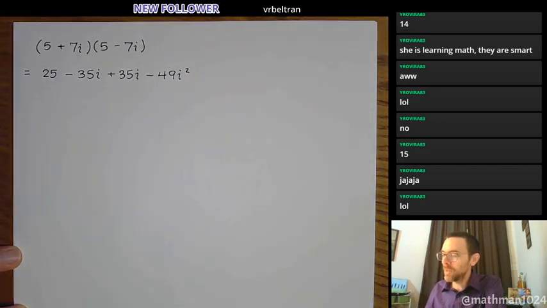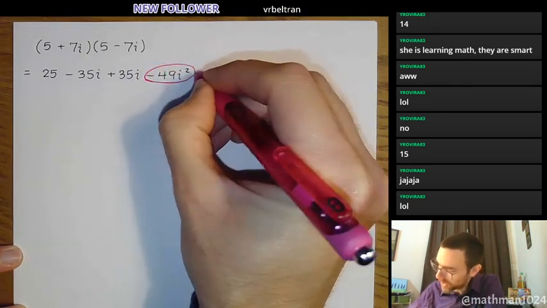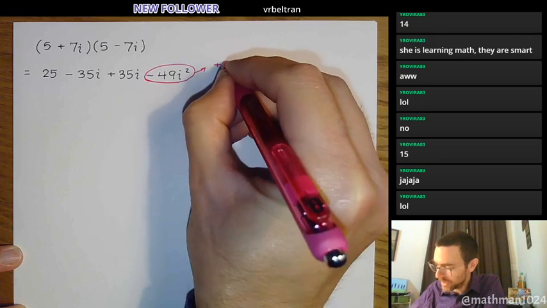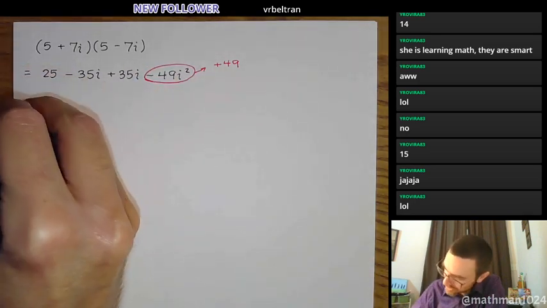Okay? So, let's see what we can do. Just like the last problems, minus 49i squared becomes plus 49. So we combine 25 and 49 to give us 74.